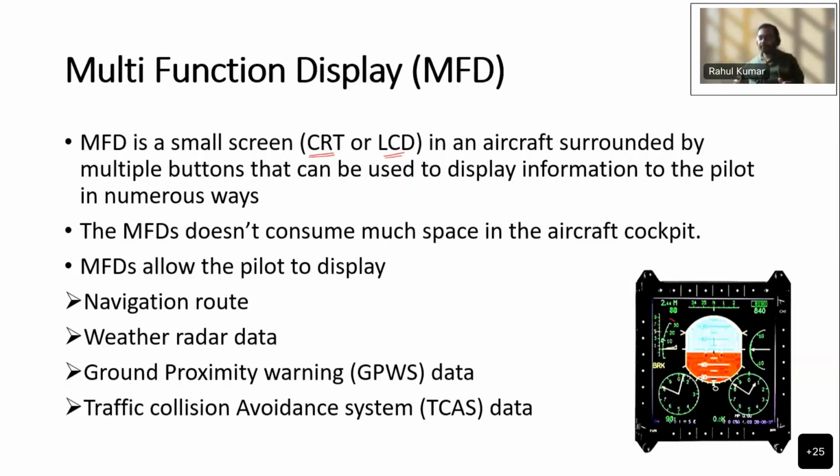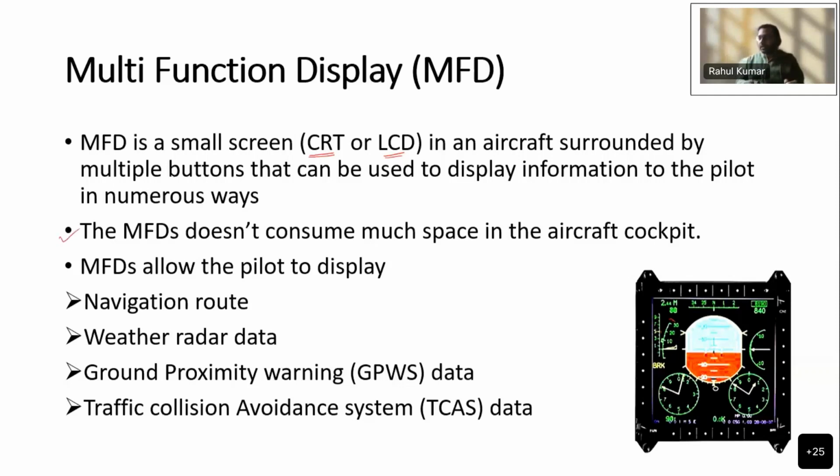Just for comparison, multifunction display is similar to the display nowadays on the cars, which gives you all the information about the car on that display. Along with that, it also maybe displays the map, and it helps you navigate as well. So you have a small screen with all the information you can find on it.